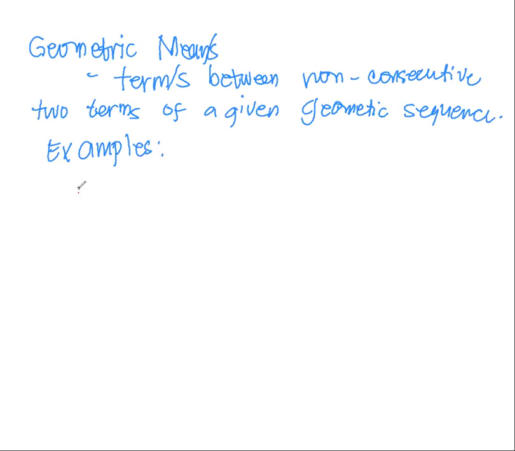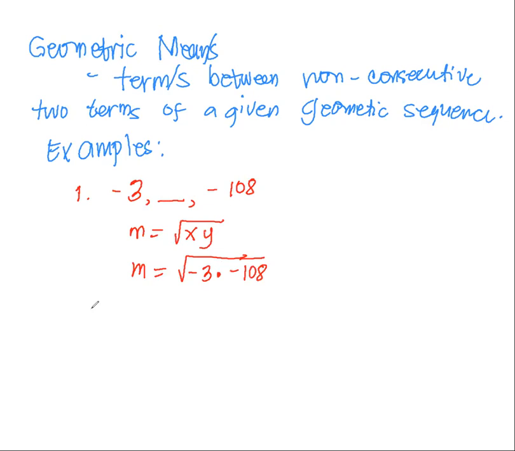Example number 1. So we have -3 and -108. For us to get the middle term, we only use m is equal to the square root of x times y, where m is the middle term and x is -3 and y is -108.